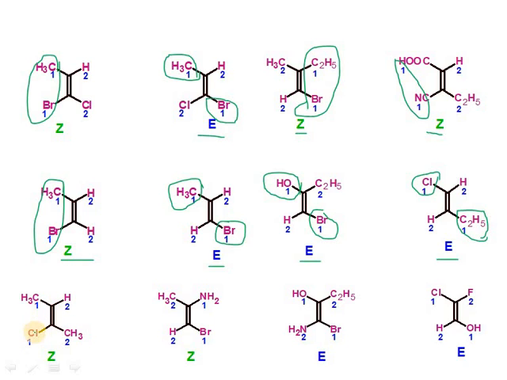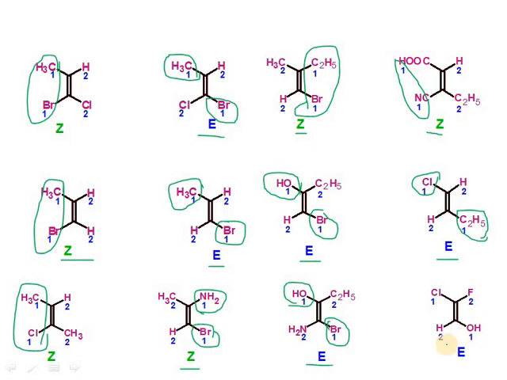Chlorine has atomic number 17 and carbon 6, so this is first priority. So the highest priority groups are on the same side, so it is designated capital Z. Here similarly, the highest priority groups are on the same side, so it is designated as Z. Similarly, this one has the highest priority groups on opposite sides, therefore it is designated as E.